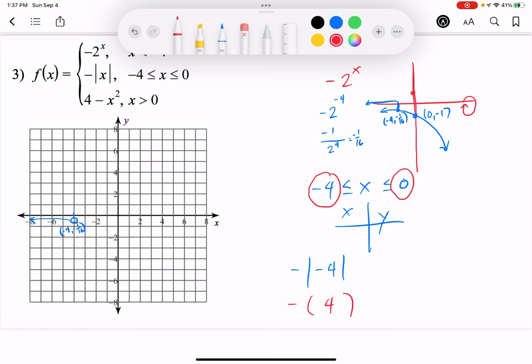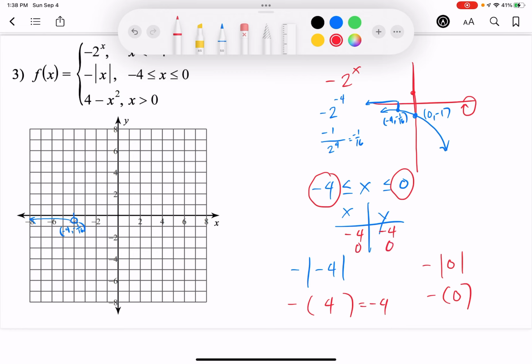It's negative 4. So, at negative 4 din siya. What about at x equals 0? Negative of the absolute value of 0. So, negative of, what is the absolute value of 0? It's also 0. So, it's still 0. So, at 0, 0.